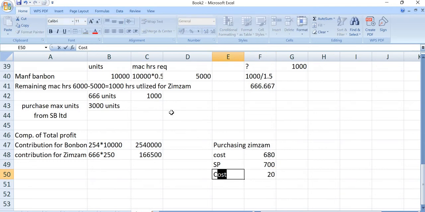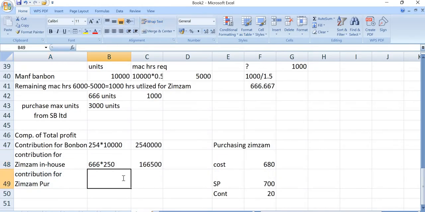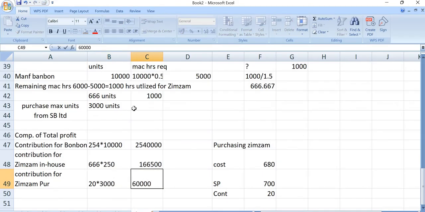So this will be my contribution for purchasing. So 20 rupees. How many units am I going to purchase? Maximum 3,000 units. So 20 into 3,000, 60,000 will be my contribution.